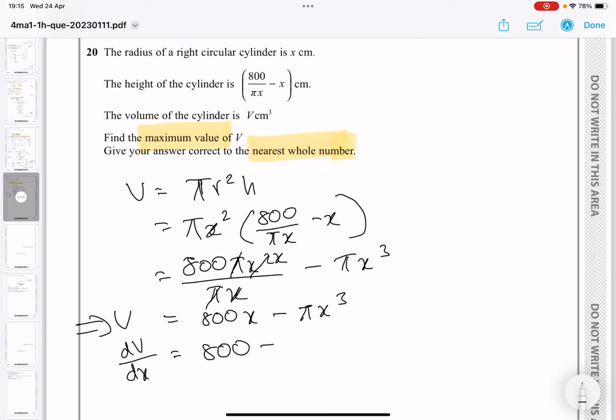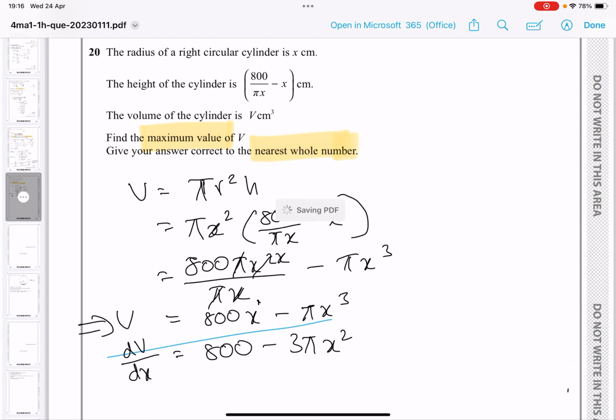We have to remember pi is a number, 3 point something, but we just keep it as a symbol because it's such a long number. So 3 pi, and then we subtract 1 from the indice: 3 pi x squared. Again here, this is to the power 1, so 800 to the power 1 is 800, and when you subtract 1 from the power you get x to the power of 0, which is 1. So it gives you 800. That's dv over dx, which is equal to 800 minus 3 pi x squared.